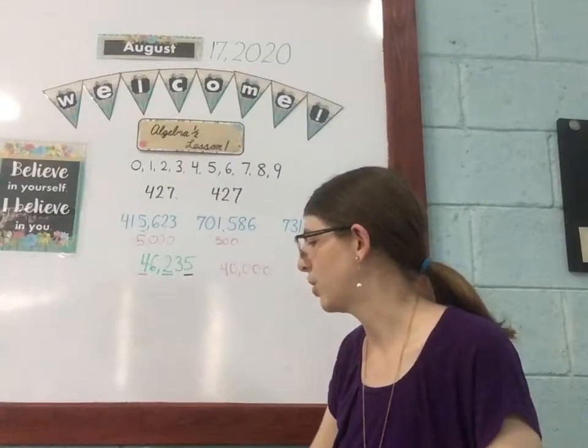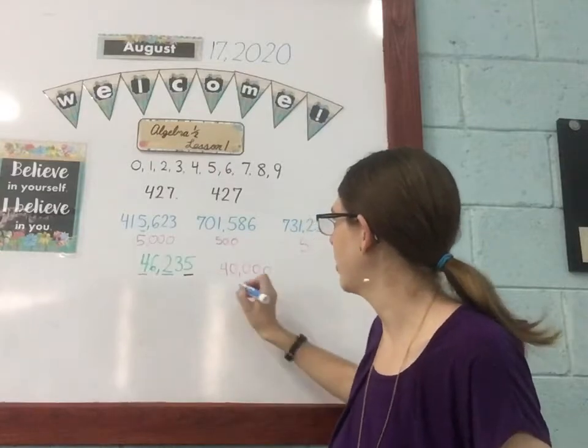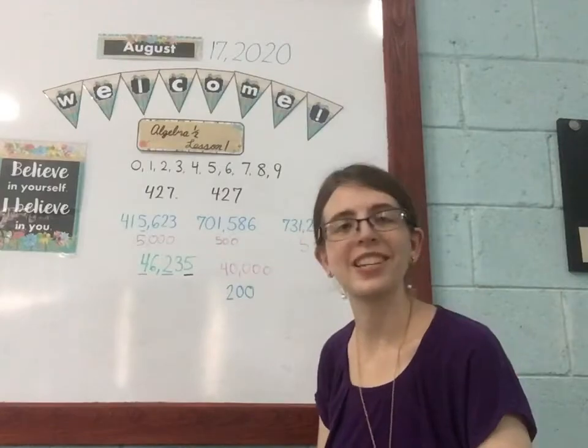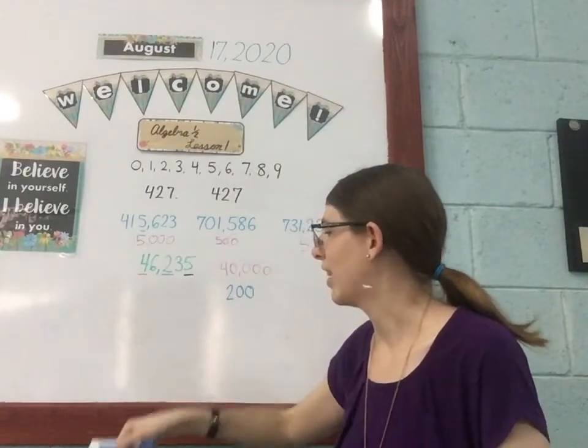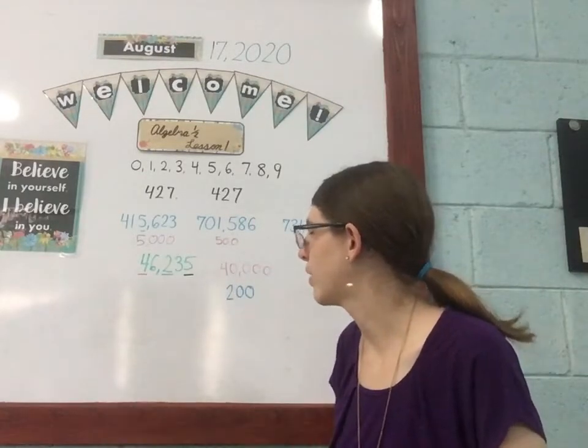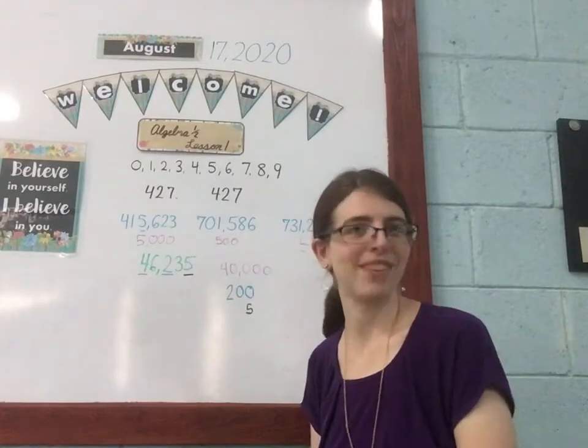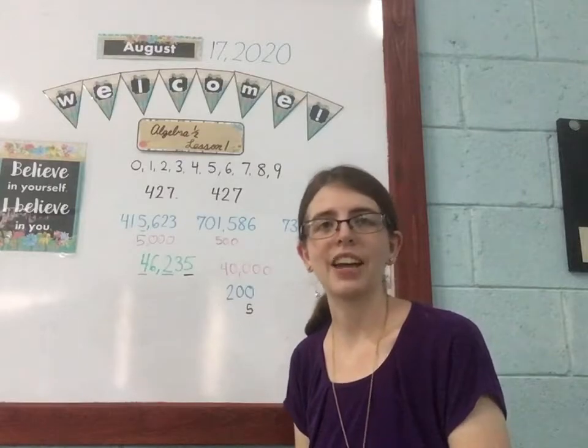The value of the 2 is in the hundreds place. So 2 in the hundreds place, 0 for all the digits after it. The 5 is in the ones place. So 5 in the ones place, nothing after it, it's just 5. So that's how you determine the value of a number.